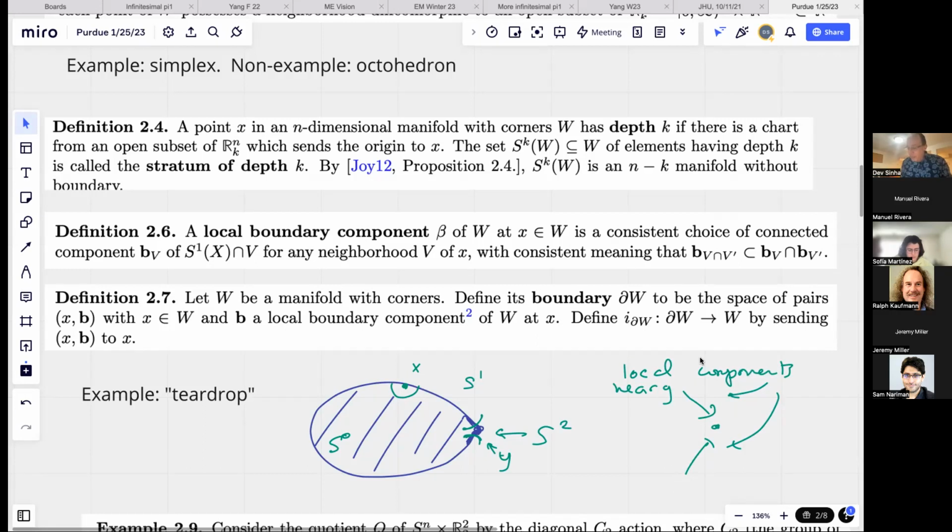So the boundary of this, let's call this teardrop T, the boundary of T is an interval which maps to T through a map which is 2 to 1 on the endpoints. So it's not a subspace. It's a map from a manifold. Okay.